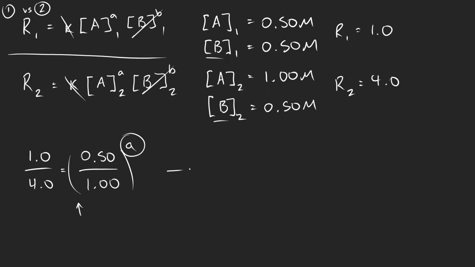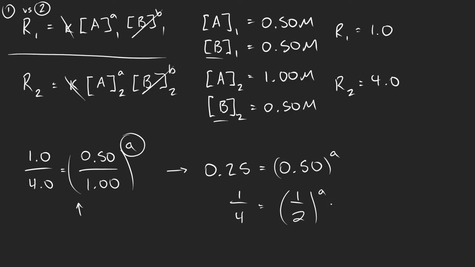What we'll get when we do some quick calculations is that 0.25 is equal to 0.50 to the A power. That is 1/4 is equal to 1/2 to the A power.